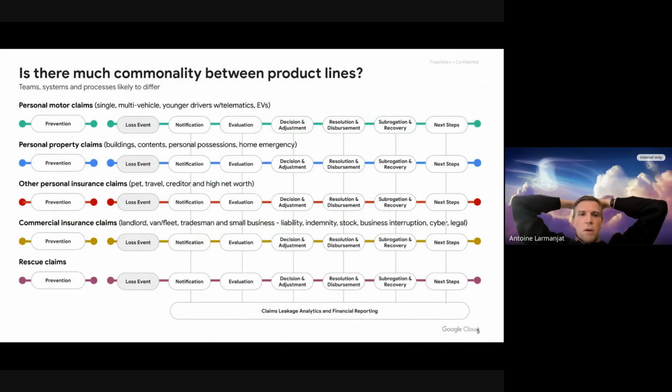Yeah. All of the above. We don't do just car insurance. We don't specialize in any type of insurance, by the way. We are very agnostic to the type of insurance. I was referring to car insurance because it's the easiest one to understand from a claims perspective. You have an accident, you call.